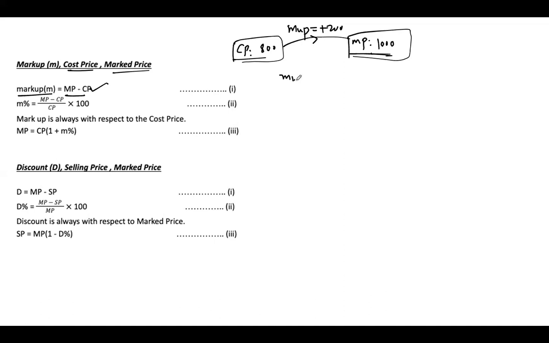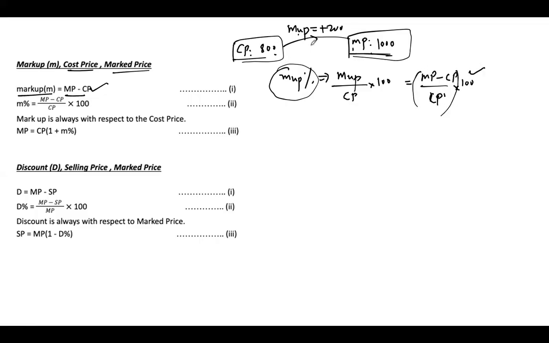Similarly, what is the percentage increase from here to here, which is called the markup percentage? Markup upon cost price into 100. And what is the markup? Marked price minus cost price is 200, divided by cost price, into 100. Similarly, 200 by 800 was 25%.